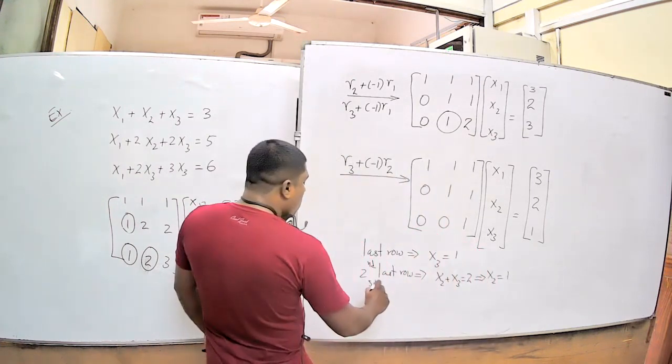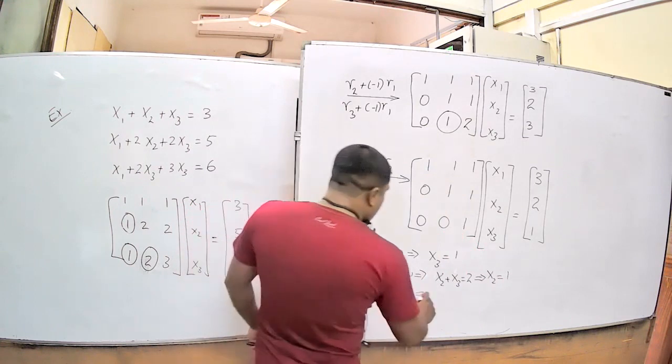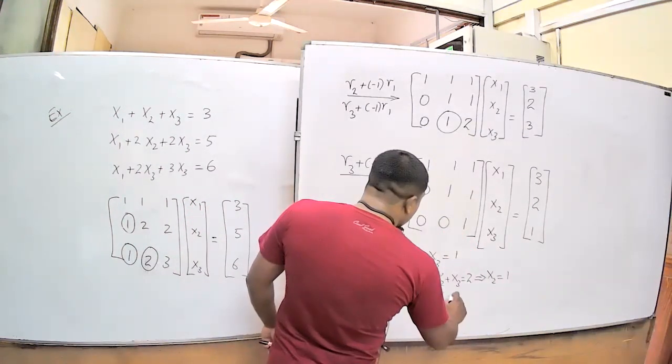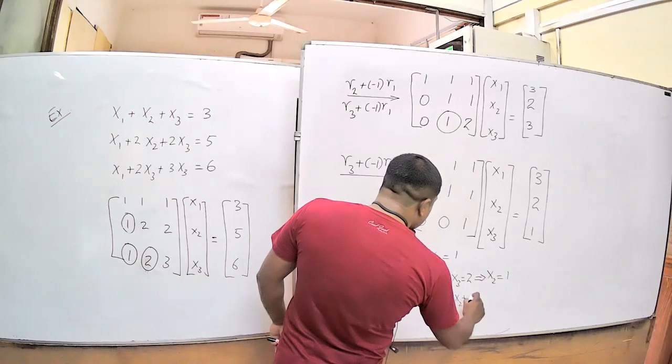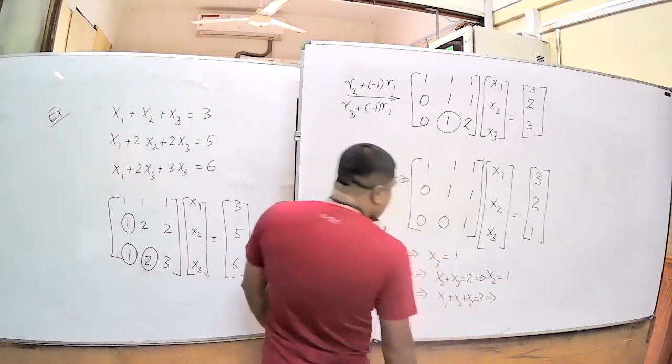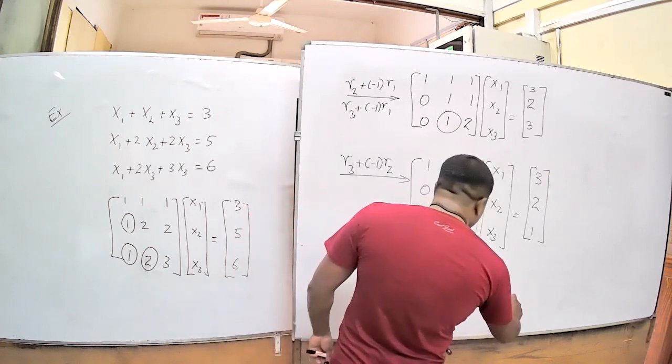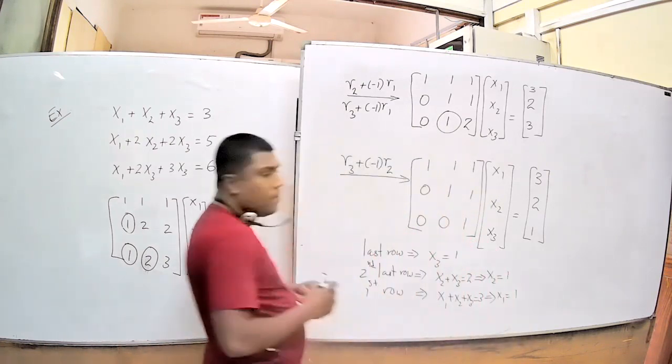From the first row, you get x1 plus x2 plus x3 is equal to 3. You already know x2 and x3, so you get x1 is equal to 1.